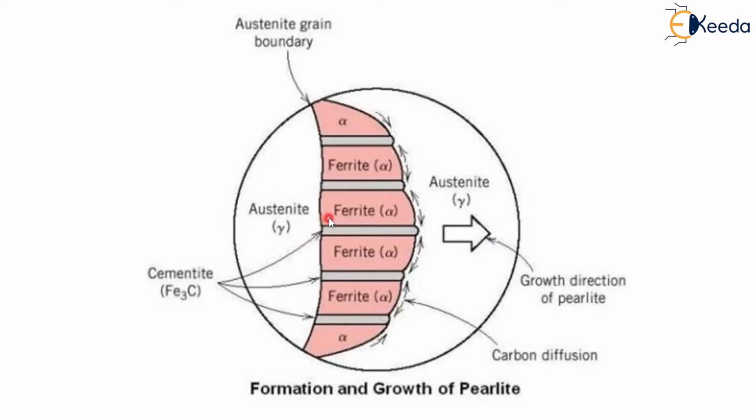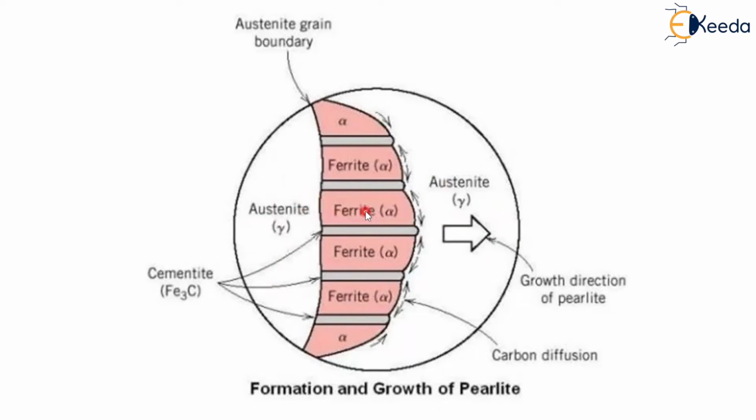You can observe here, this is the cementite in between the ferrite, whatever the gap that you are seeing in this image. So this is cementite, a hard structure, and this is alpha ferrite structure here. And this region, this white region, if you consider this as an austenite region.